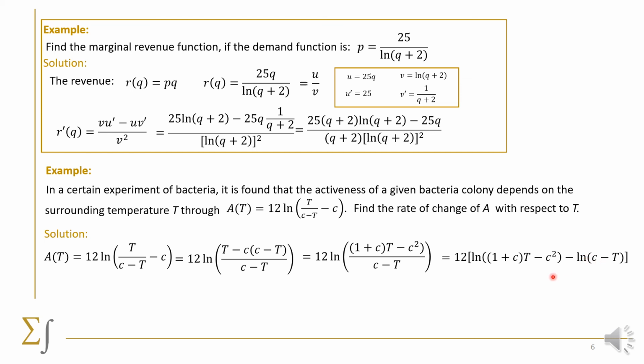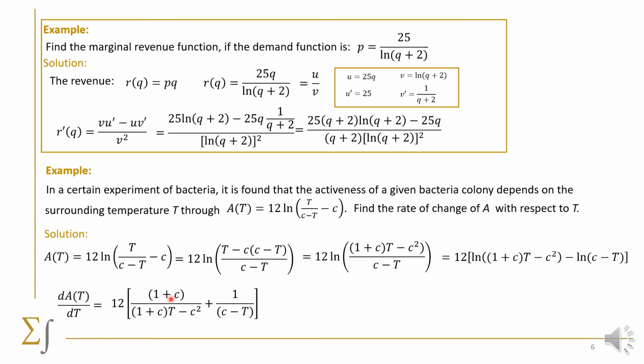In the following step, we will differentiate, and the derivative will be taken term by term. So here we have dA by dT equal to 12 into square bracket, and then we differentiate the first term. We have 1 over inside times derivative of inside. What's the derivative of the inside?